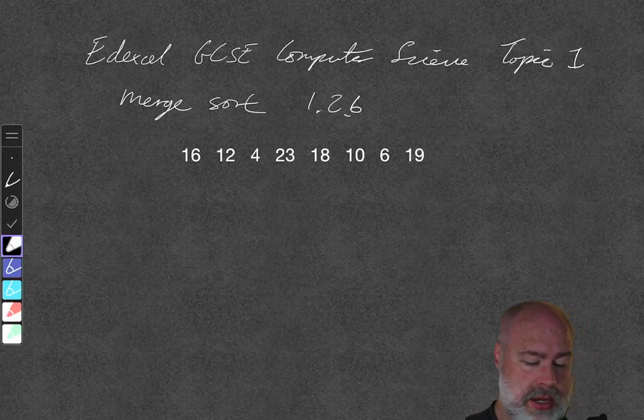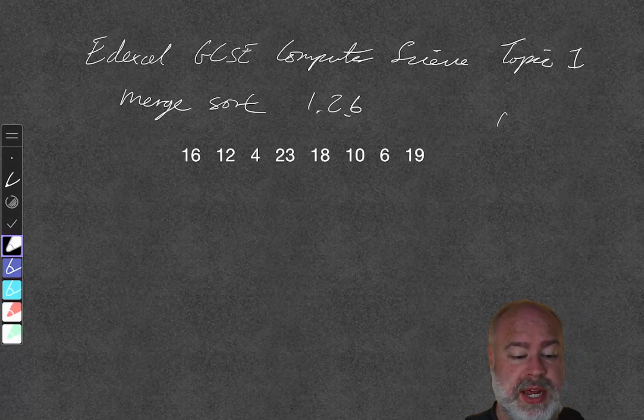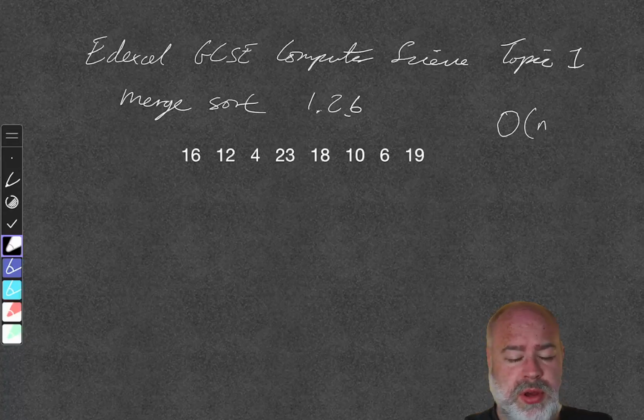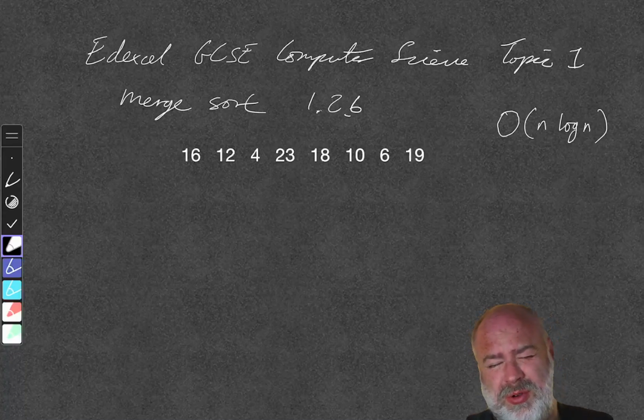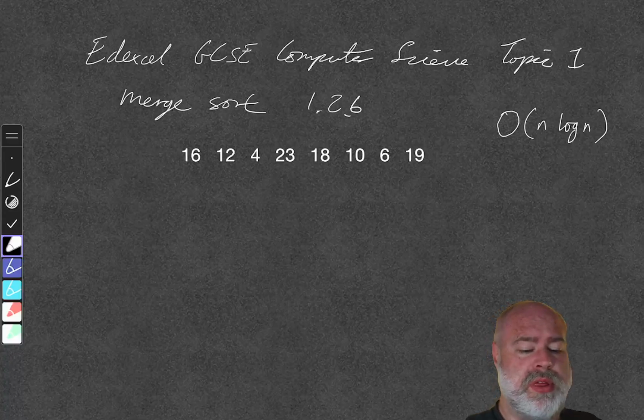Edexcel do not require you to understand big O notation, but best, average and worst case scenarios for merge sort are n log n, and that's to do with how many stages are needed to sort these numbers, and it uses something called recursion, which again you don't need to learn for Edexcel, but this is just for general knowledge.